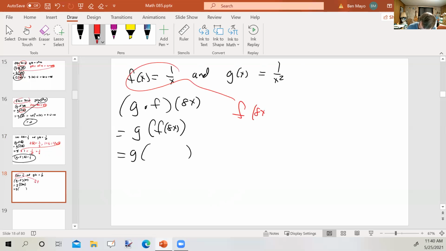F of 8x would be 1 over 8x, because again, we put 8x in the place of x. That's going to go in here.